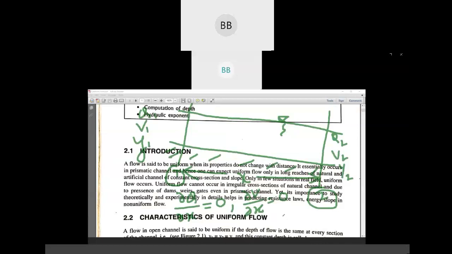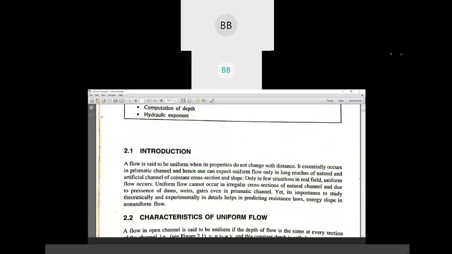And third is change in depth with respect to del x is equal to 0. These are the three expressions you can write in the case of uniform flow: velocity, discharge, and depth of flow.